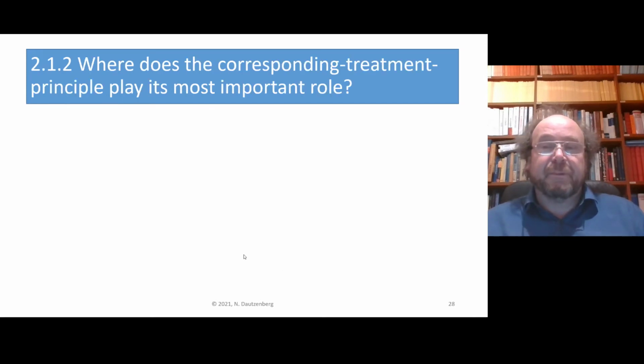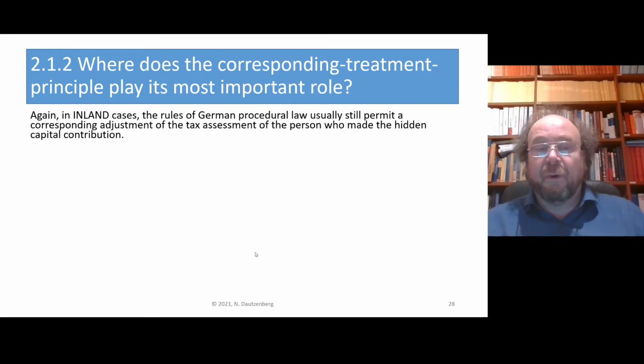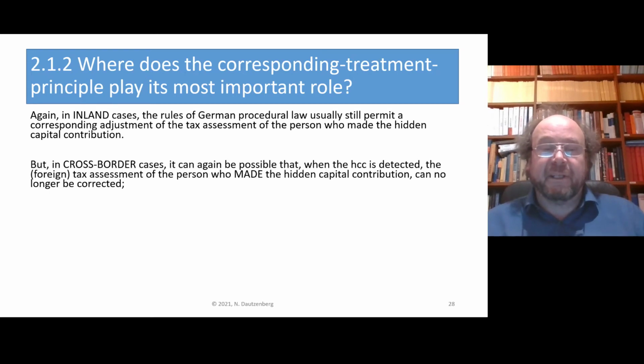Again, where does this play the most important role? Again, you can say in inland cases, nearly every time the other tax assessor, tax inspector is allowed to make a corresponding correction of the original tax notice, so of the shareholder. So in inland cases, it's probably only rarely relevant.